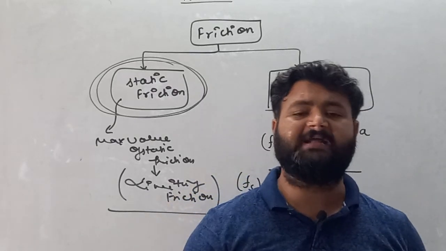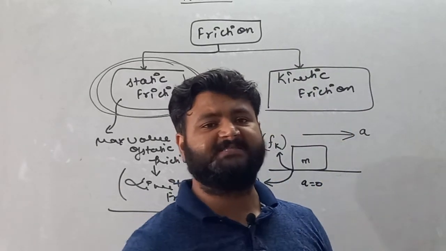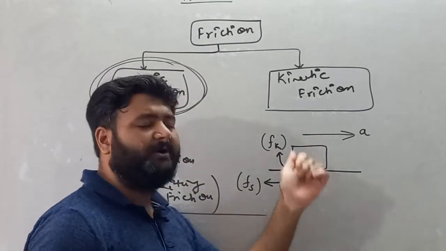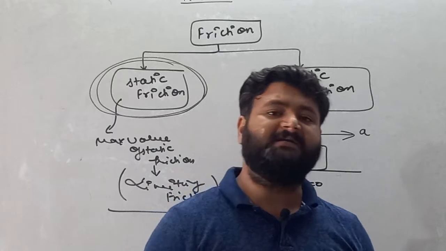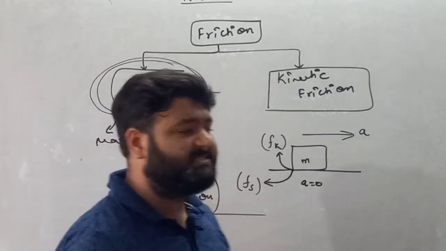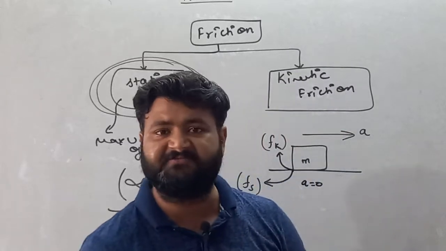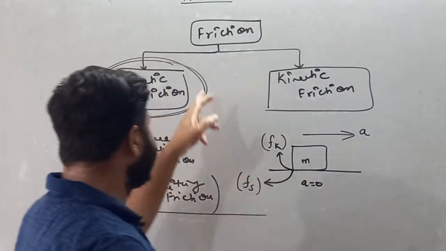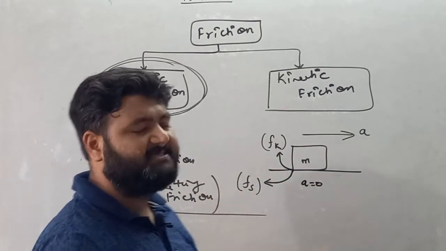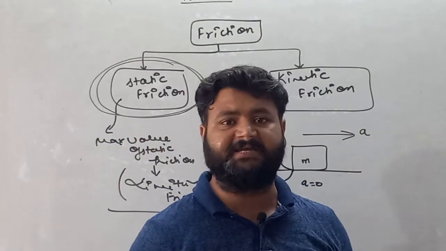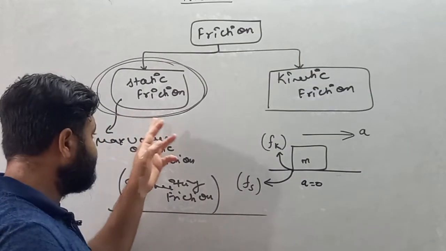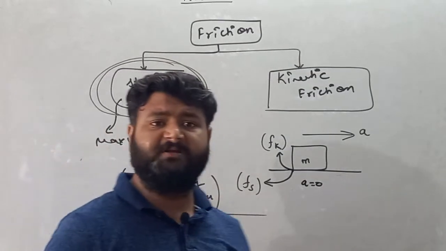How much force we are applying on the body is basically equal to the value of static friction if the body is at rest. Static friction changes on its own, so this is basically a self-adjusting friction. The value of static friction changes as the value of applied force changes, hence static friction is variable friction.